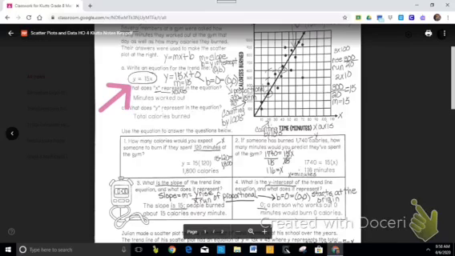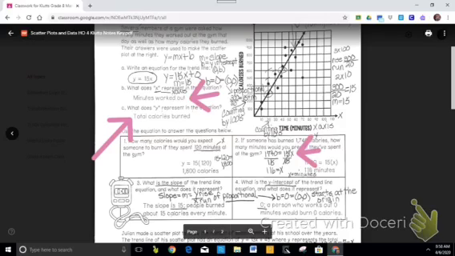Well, we said our y represents total calories burned. So if we put in our 1,740 for y, then we would have 1,740 equals 15x. If we solve for x, minutes worked out, we would get our x by itself.